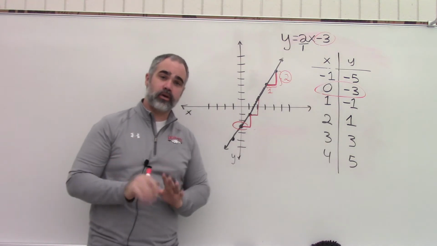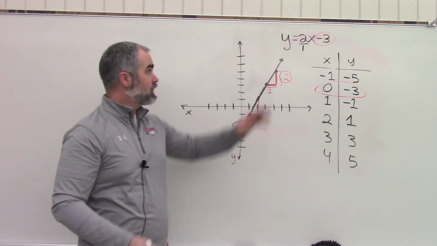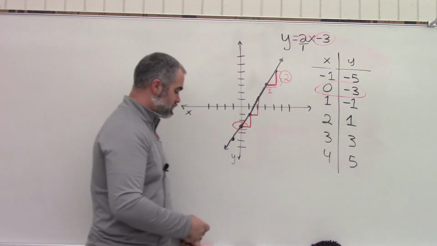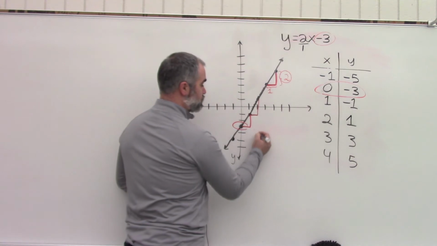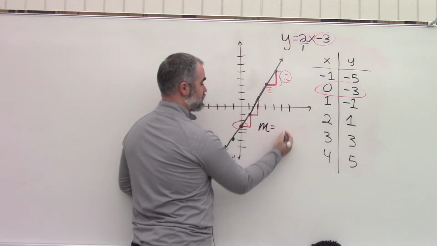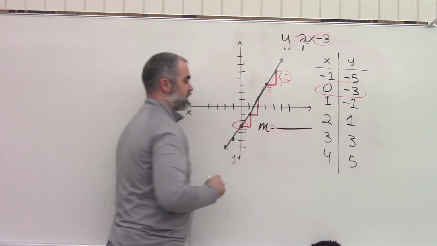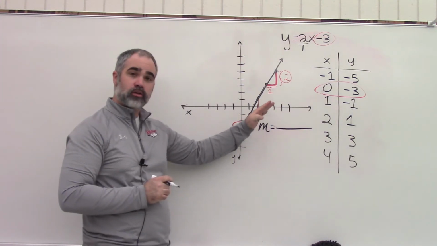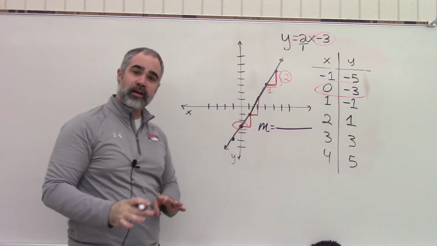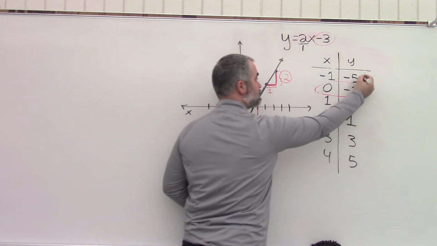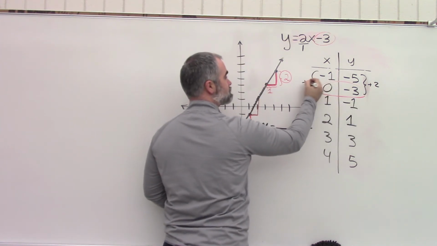As a side note, there's an equation for the slope that you can look at as well. Notice I made this a fraction. The equation that many teachers will talk about for the slope, or m, is this. We say it's the change in y over the change in x. Remember when we looked at our pattern before, we looked at the change in y and the change in x.